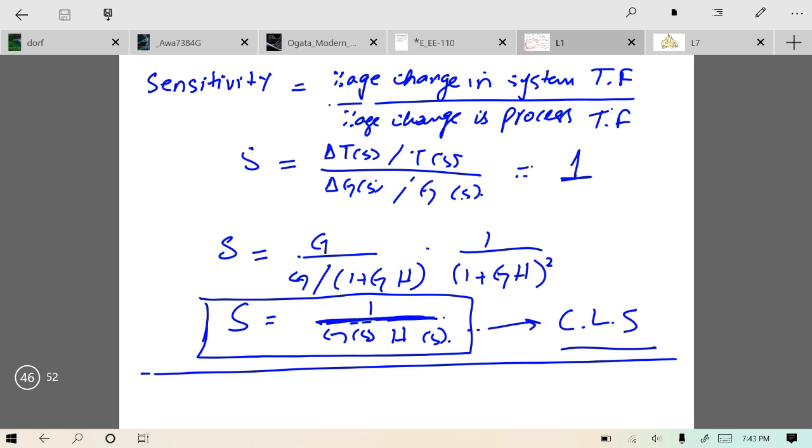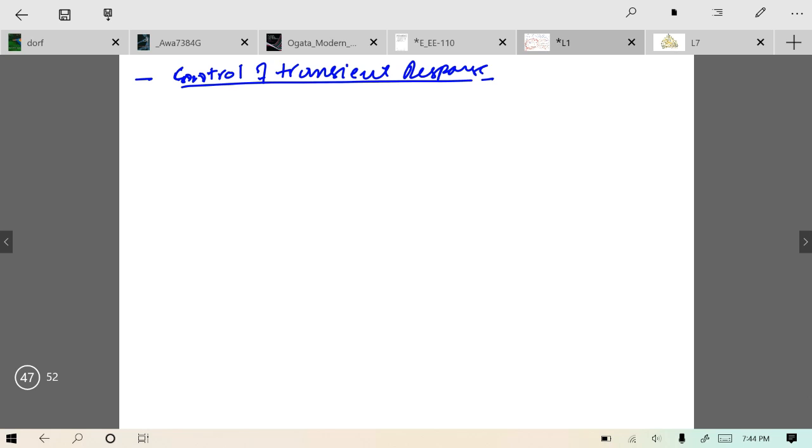With this in hand, I can have a very brief discussion on some other characteristics of the feedback system. For example, control of the transient response of the system. The control of the transient response of the closed loop system is obviously better than the open loop system.